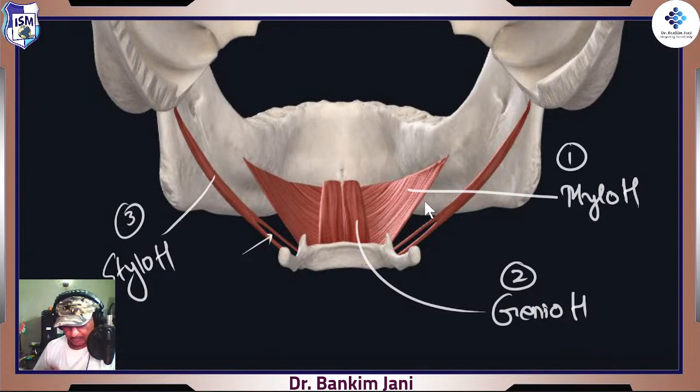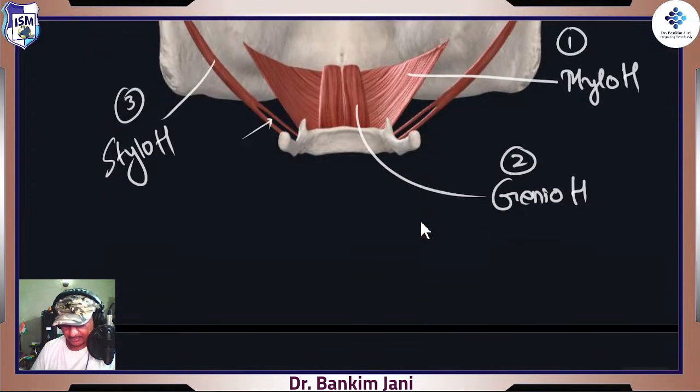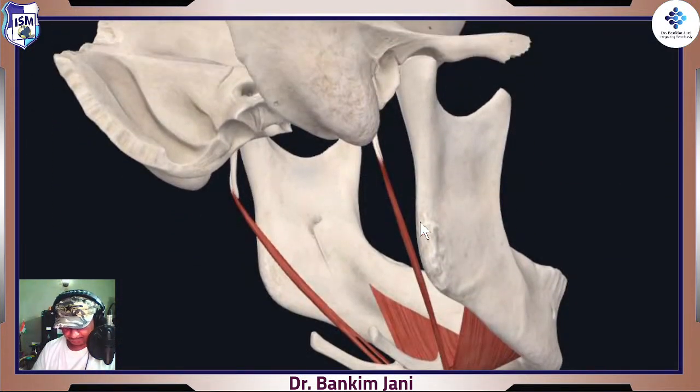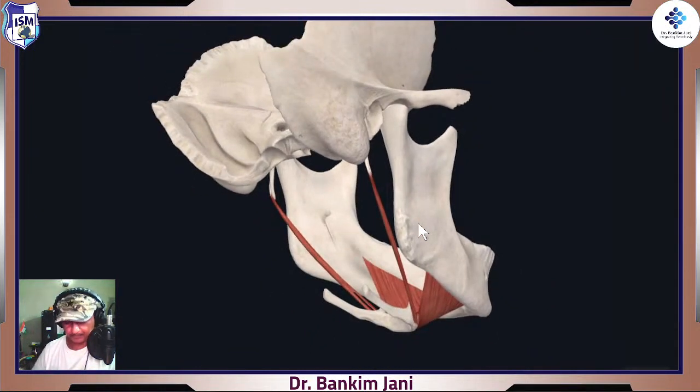Now, before we proceed to the digastric muscle, if we really look at it, look at this muscle, unzoom, now full view. See here, this muscle is connected posteriorly, right?